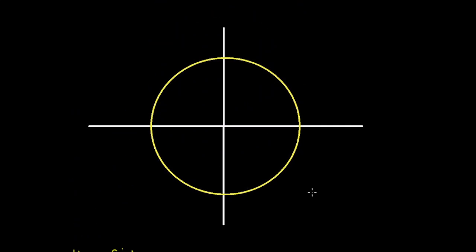Now, in front of you, there's a unit circle here. And the unit circle has radius equal to 1. Now I'm going to draw the radius of this circle. That's the radius of the circle.